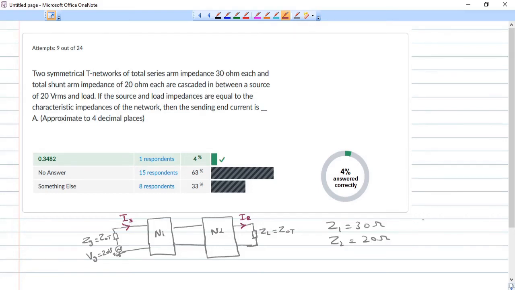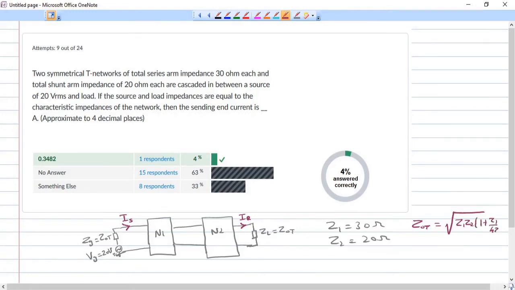Okay. So what is Z0T for the T network? That is equal to the square root of Z1 Z2 into 1 plus Z1 upon 4 Z2.